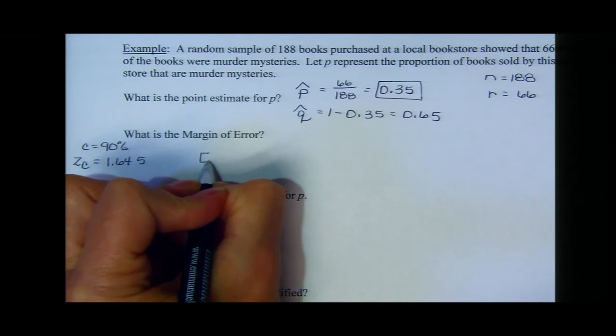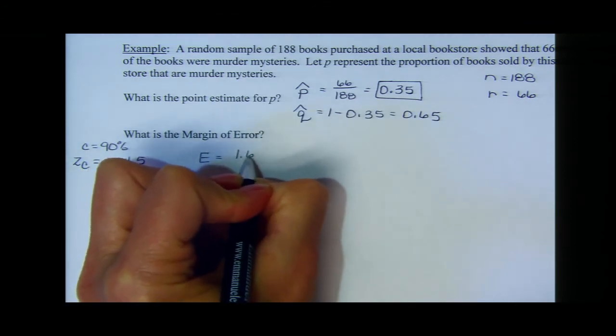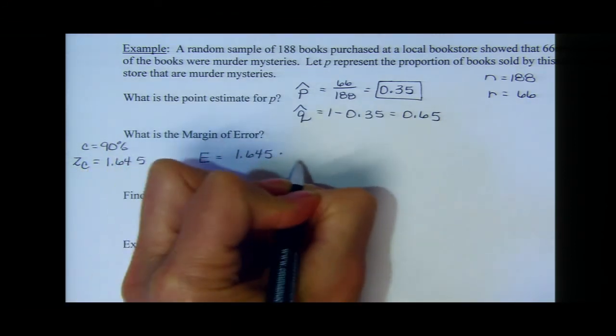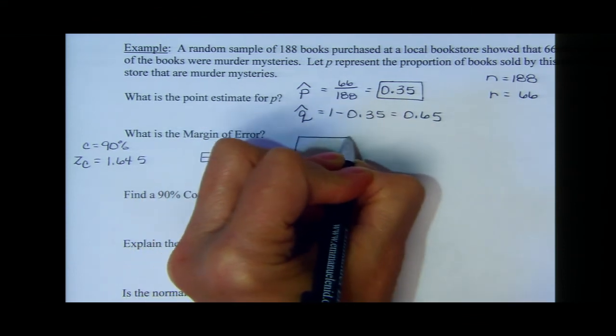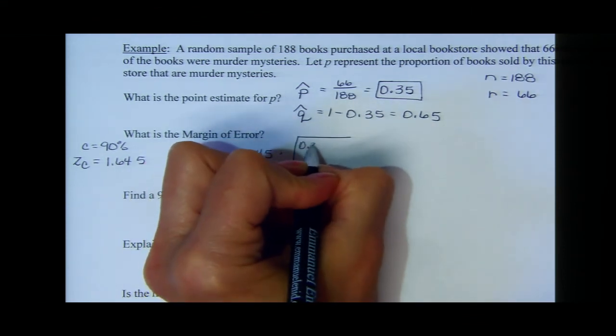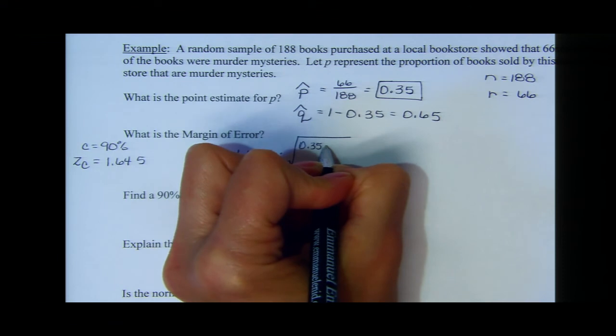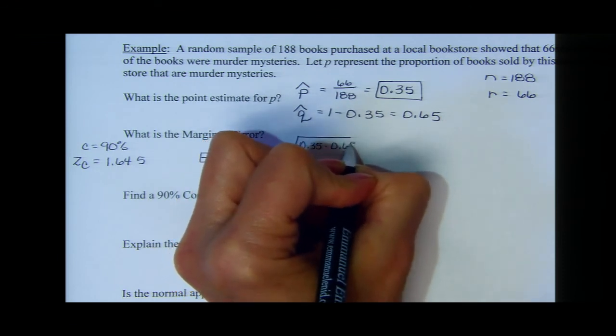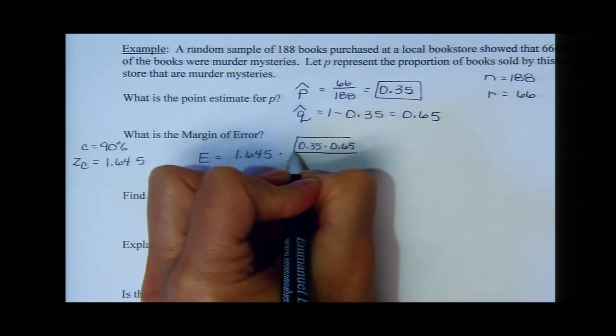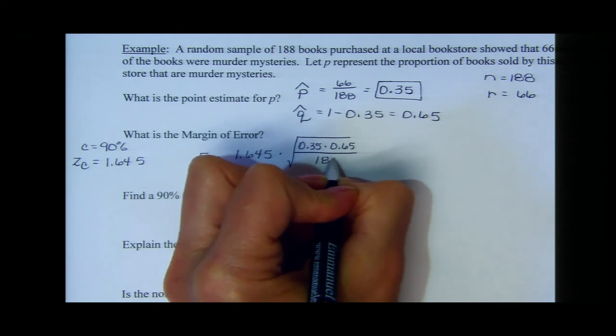So my margin of error will be 1.645 times the square root of P hat, 0.35, times Q hat, 0.65, divided by N, and N is 188.